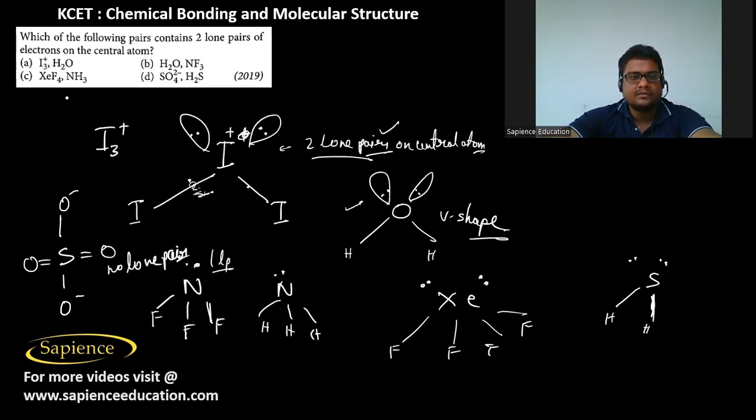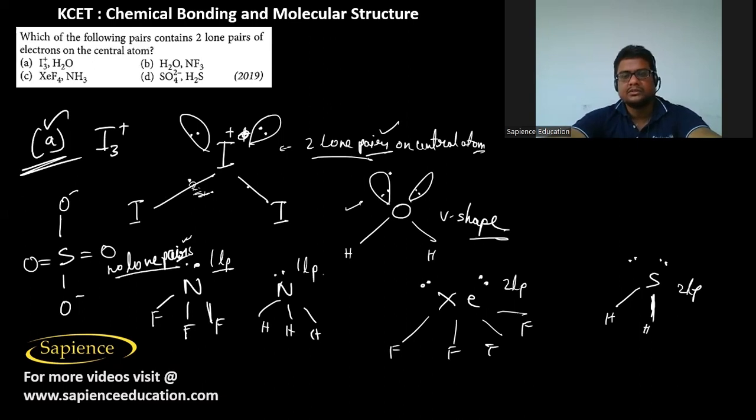And in case of option C, XeF4 has got two lone pairs, but NH3 has got only one lone pair. And in case of option D, H2S has got two lone pairs, but SO4 2 minus has got no lone pairs. So it means option A is the correct answer, where both I3 plus and H2O have got two lone pairs each on the central atom.